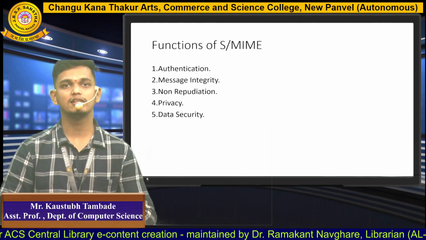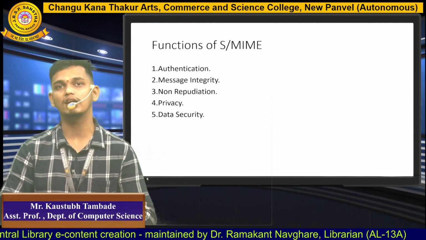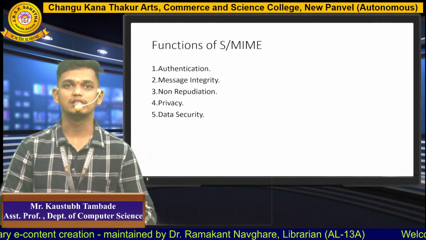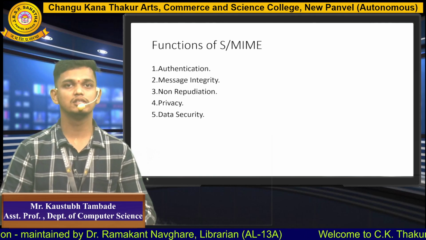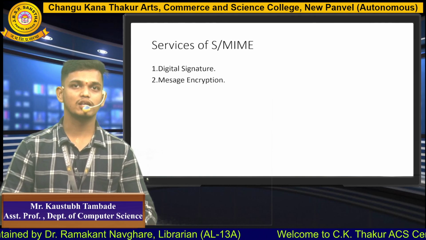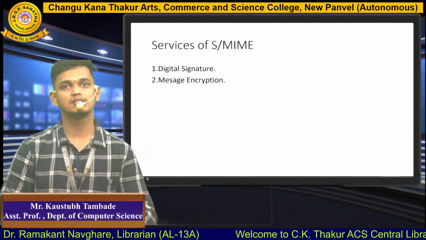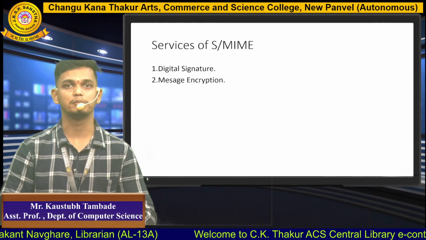Non-repudiation means if a sender sends the data, he can't refuse that he has sent it. Privacy means data should be private, and data security means our data should be in secure form. The services of SMIME are, first, digital signature and second, message encryption.